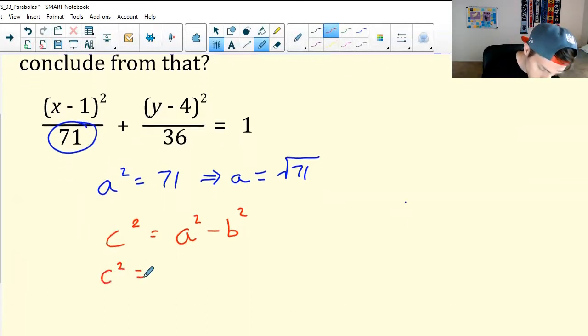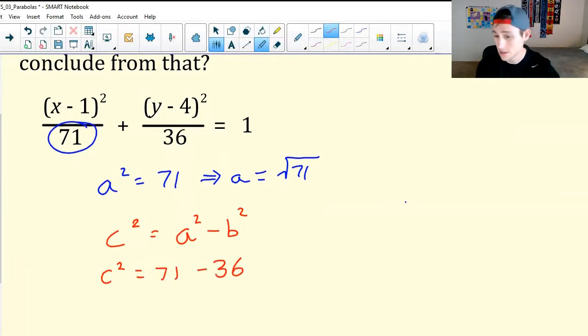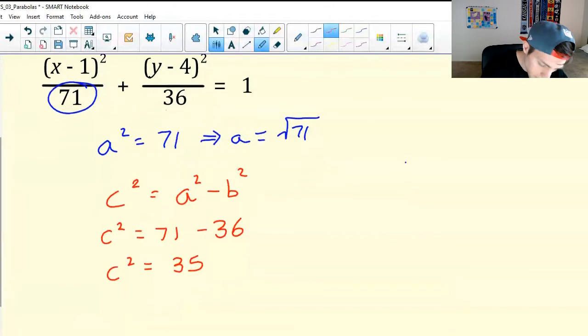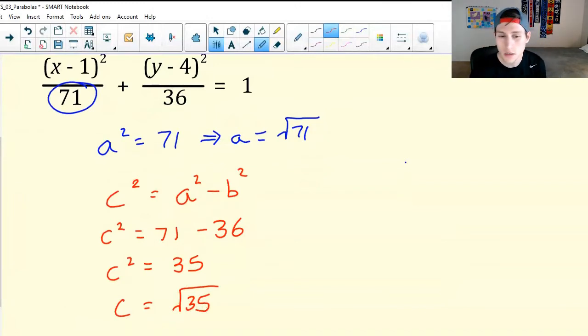So we have c squared equals 71 minus 36. Okay, and then we're going to want to take the square root of that. So first we'd get c squared equals 35. Then we take the square root. So c is the square root of 35.